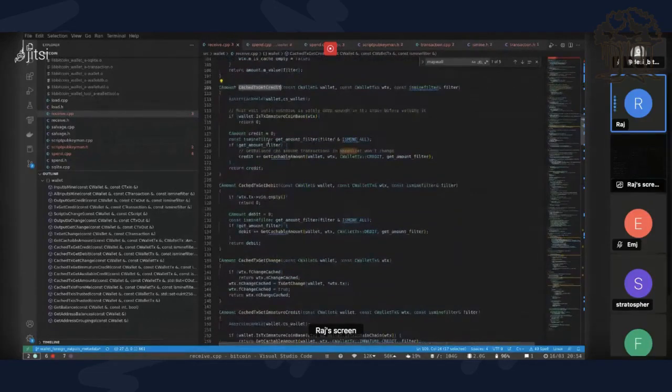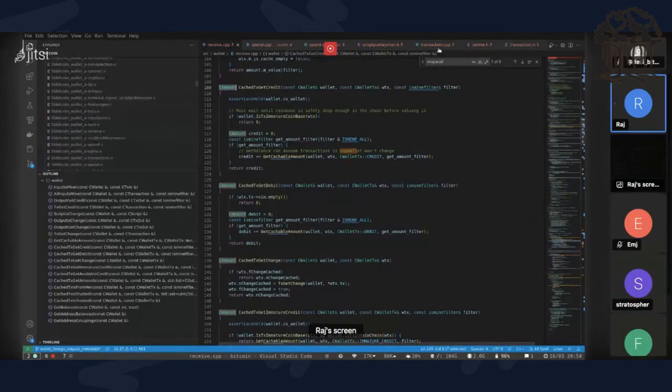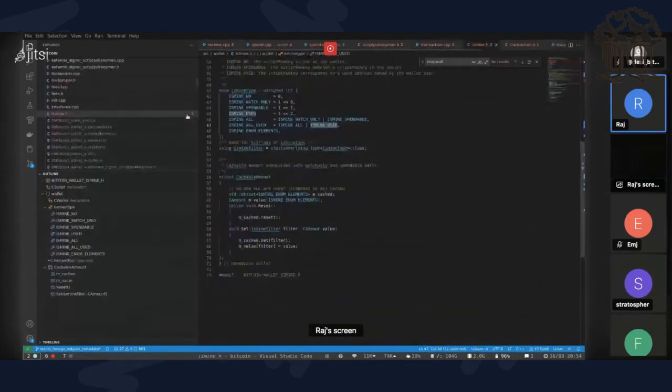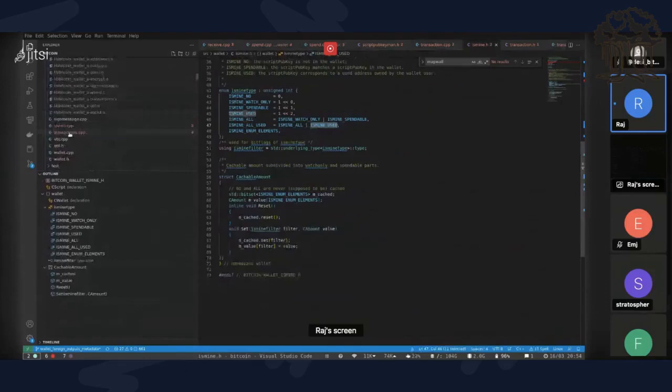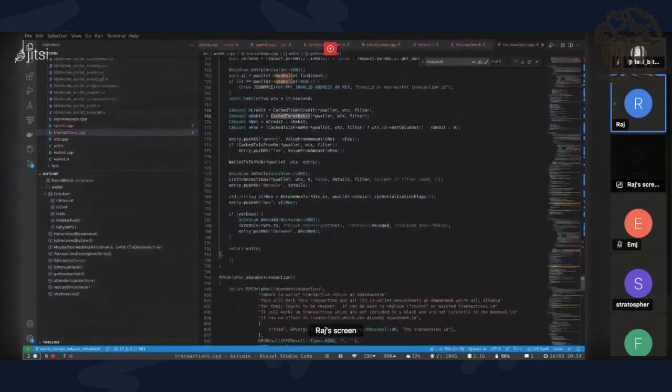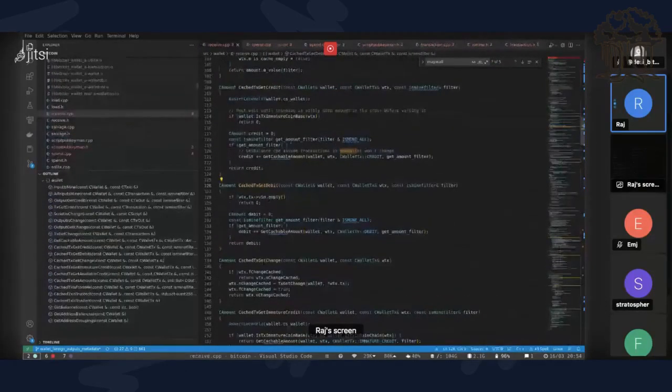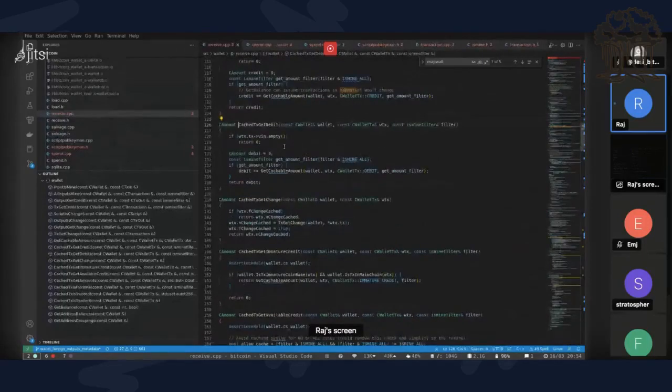It's a form of receive. So if a transaction has an output that is ours, it's a receive, and CachedTxGetCredit will give us that amount that we are receiving through this transaction. And in the same way, CachedTxGetDebit, this is also defined in receive.